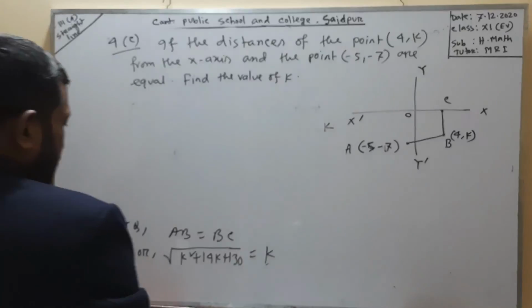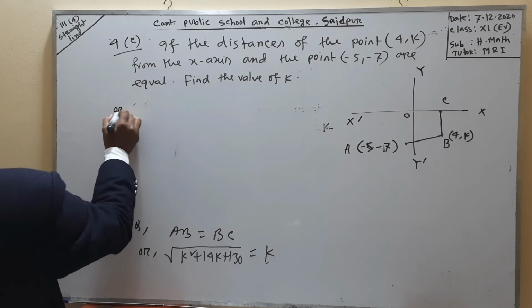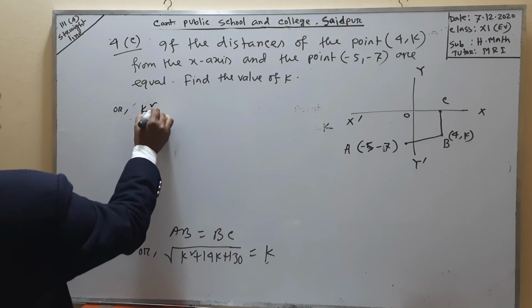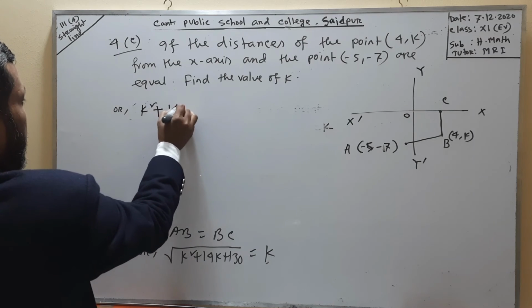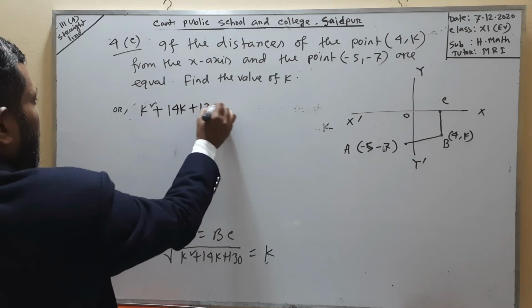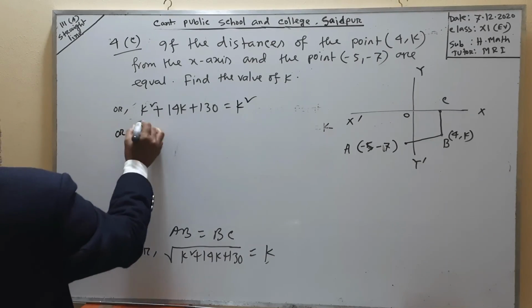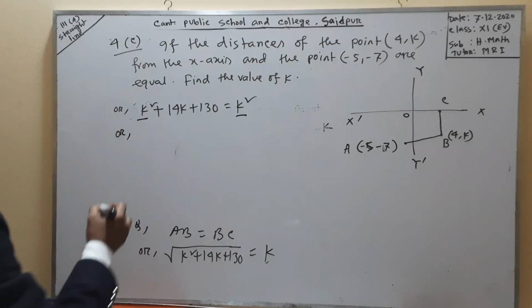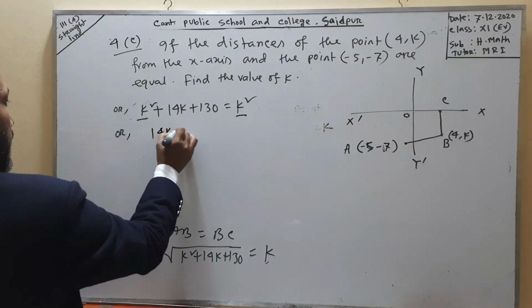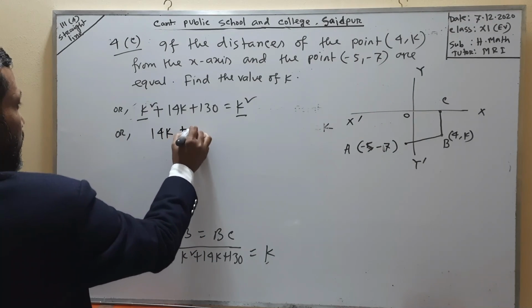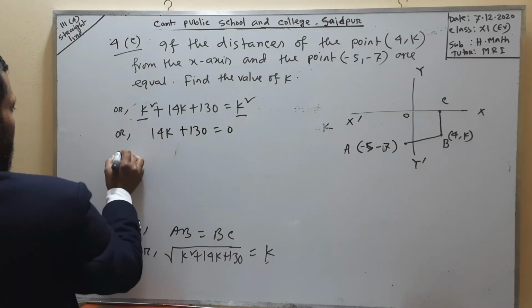Squaring both sides, then we get k square plus 14k plus 130 is equal to k square. k square and k square will cut, then we get 14k plus 130 is equal to 0.